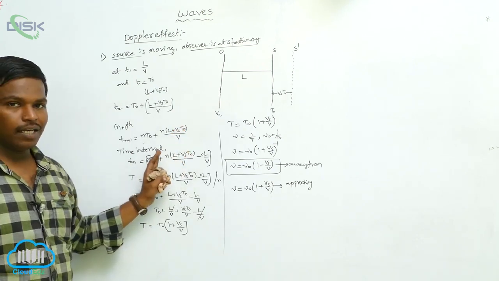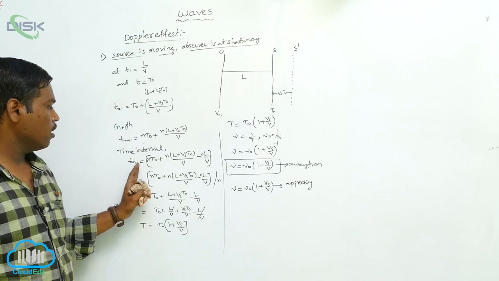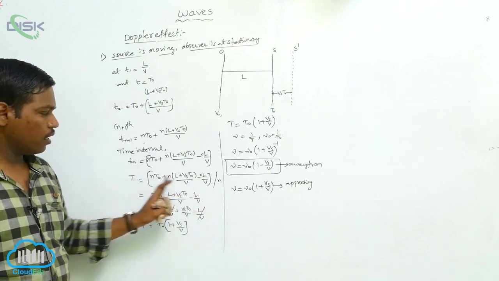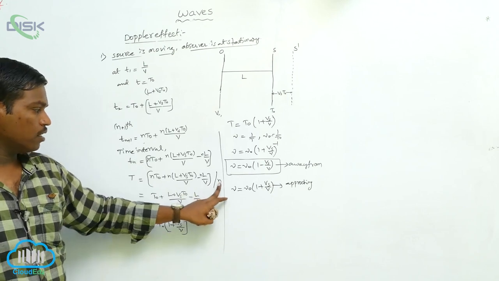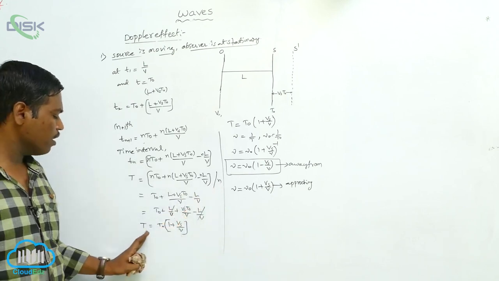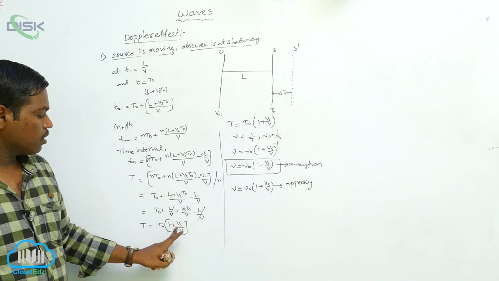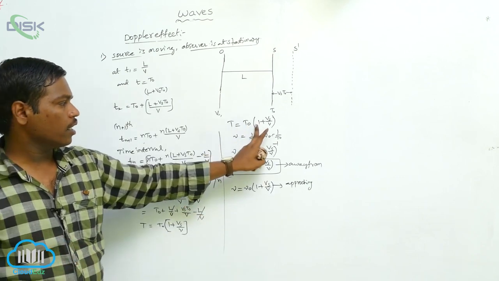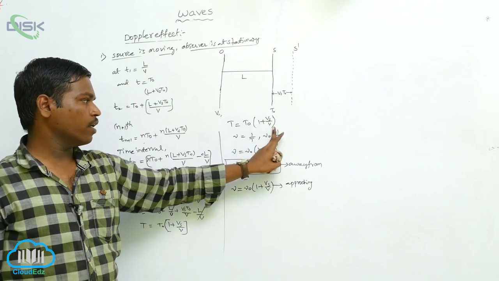From the time interval Tn, we got the time period T is equal to t0 into (1 plus Vs by V).